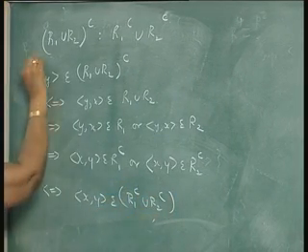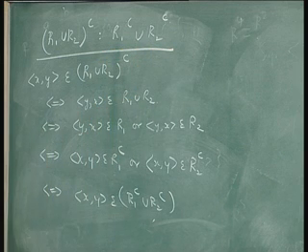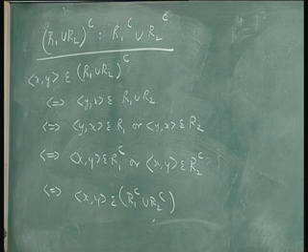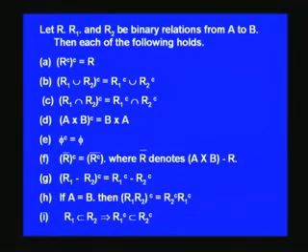So, we get (R1 ∪ R2)^C = R1^C ∪ R2^C. The converse is denoted like this. The other results can be proved in a similar manner. For intersection also you can prove in a similar manner.